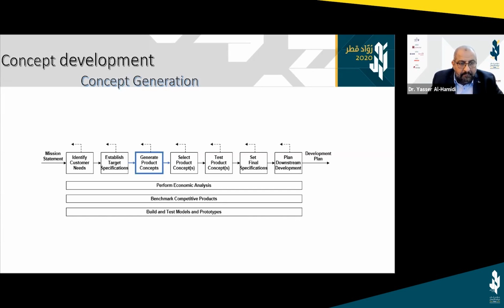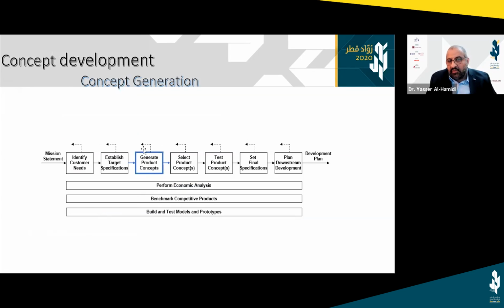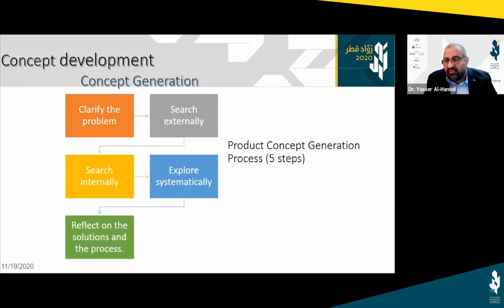And as always, even for this one, I'm talking now about how to generate product concepts. There is also a process. We had a process for identifying customer needs, another process to establish the target specifications, and now I'm talking about the process you will have to follow to generate concepts.